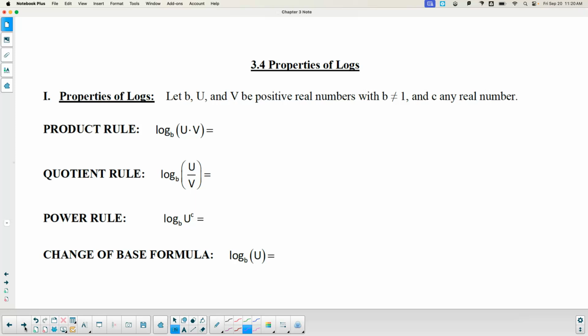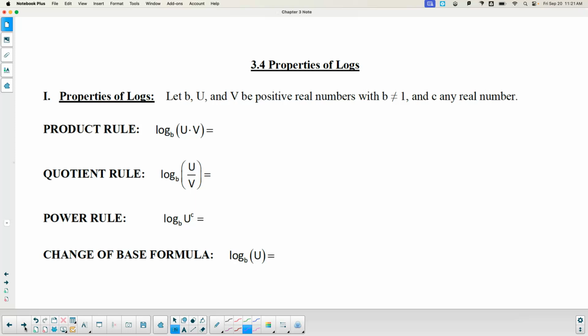We use these properties in 2 ways. In the first way, we use them for expanding and condensing logs if we need to do those, and then that allows us to use it in the second way when we're solving problems with multiple logs in them. We need these properties. Okay?